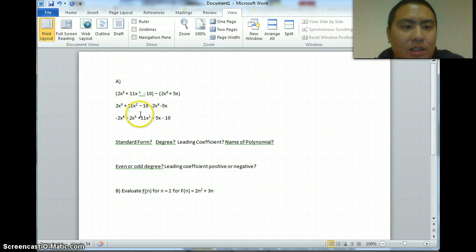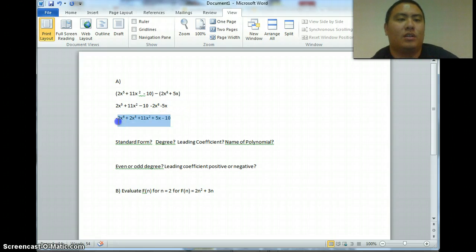If we did have to combine something, after we listed it out in terms of the degrees of each term, where we went 6, 5, 2, this is degree 1, this is degree 0, then we could combine it. Like if there's 11x squared plus 5x squared, then you'd have 16x squared. So ultimately, this is how you want to put it into standard form.